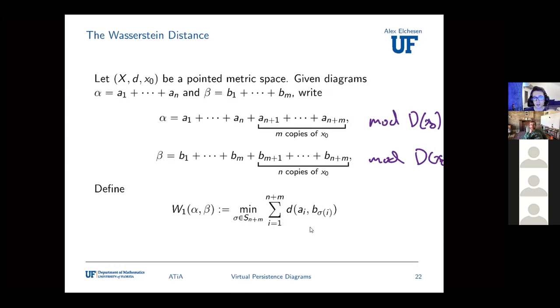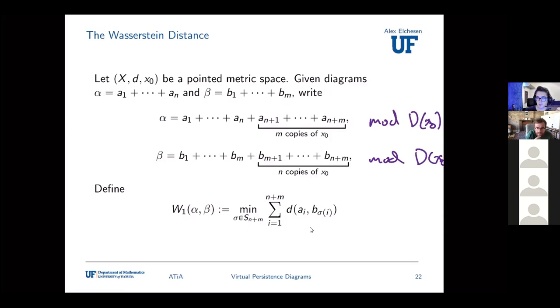And then we define the one Wasserstein distance as follows. We look at all permutations on n plus m letters, and then we look at the distance between alpha_i and beta_sigma(i). We sum all those distances together, and then we minimize over all possible permutations. This is exactly what we normally do, just a different perspective. We have some number of points, and we're allowing as many points as we need at x naught.